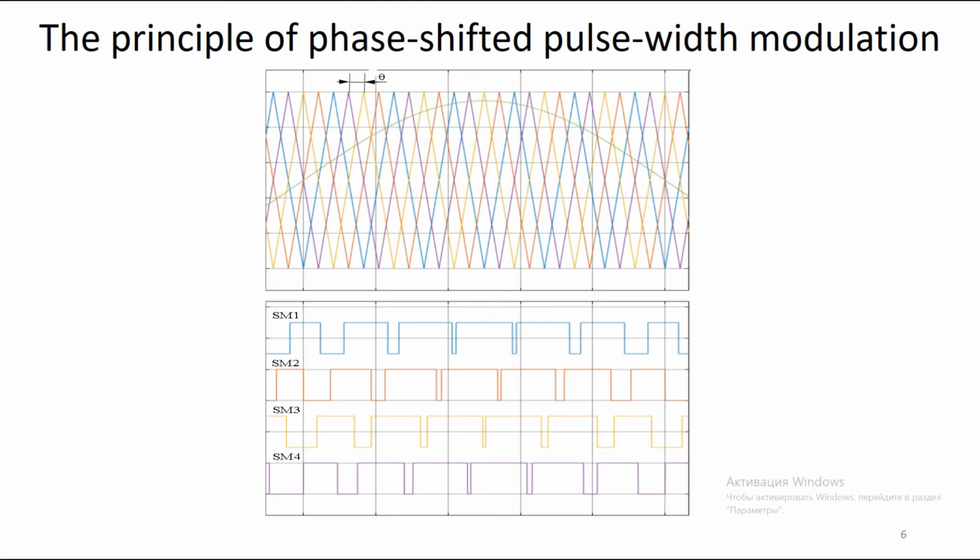The circulating current has a frequency which corresponds to the frequency of the output voltage of the converter, although the fundamental harmonic is not noticeable.